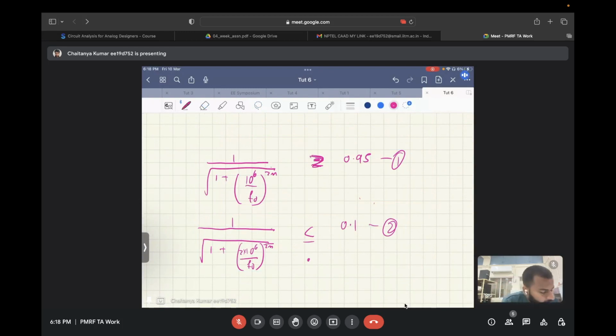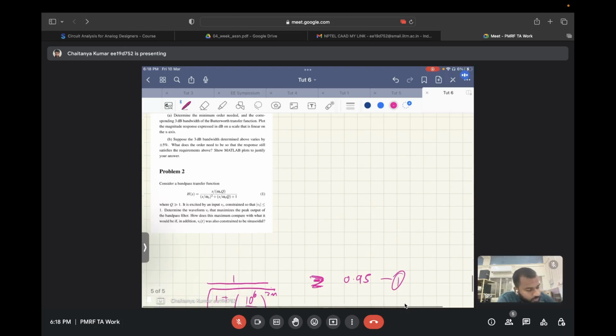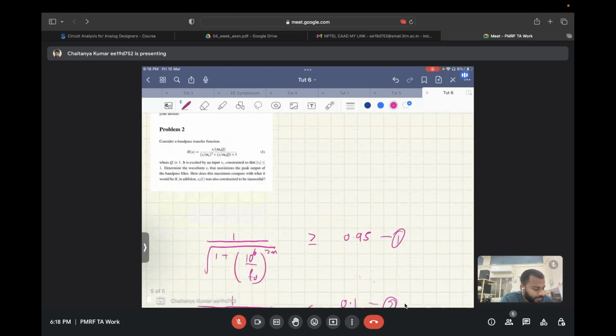Now, what we are saying is, let's say it varies by plus minus 5%. For the first inequality, what will be the worst case, f naught being higher or f naught being lower, to satisfy the first equation?